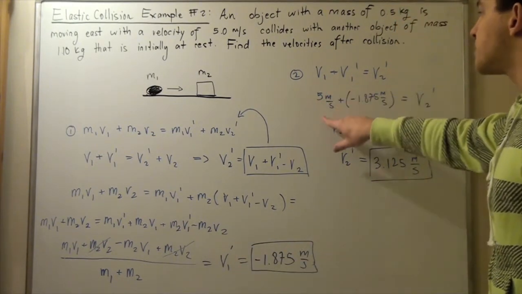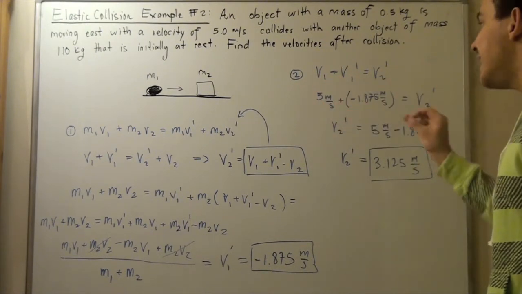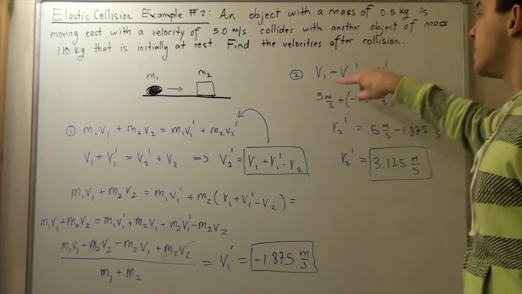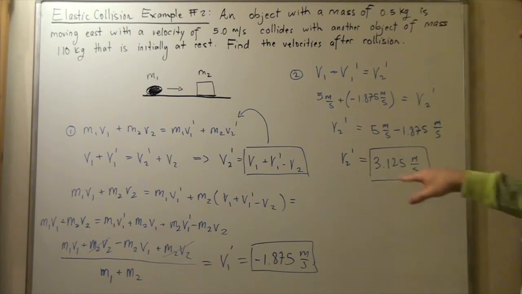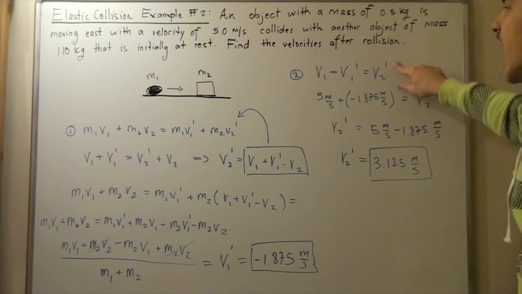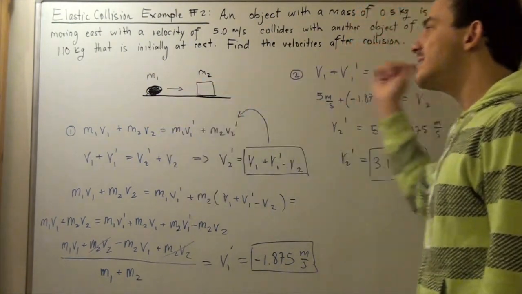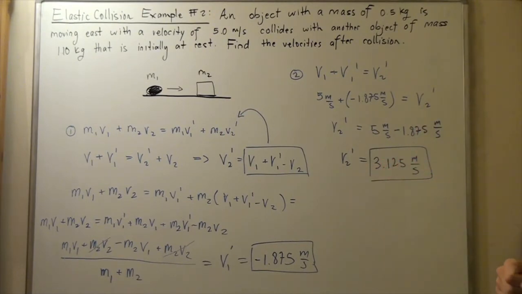So 5 meters per second for our initial velocity of object 1, plus negative 1.875 meters per second for my final velocity of object 1. So I subtract these and I get 3.125 meters per second. So my object number 2 with mass m2 is traveling in the east direction with a velocity of 3.125 meters per second.